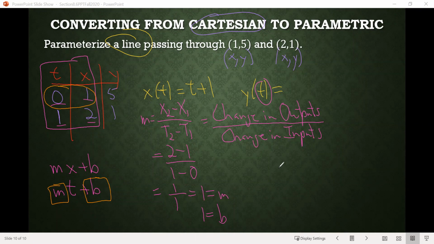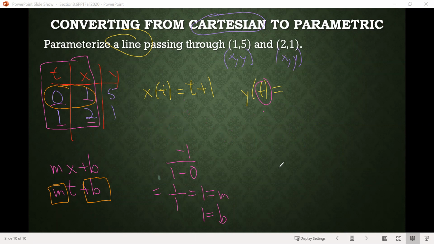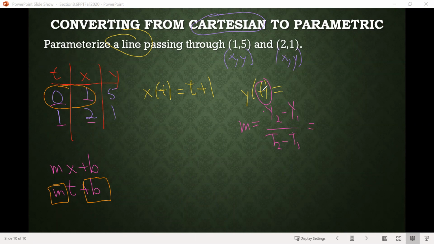All right. Now to work on our formula for y. We again are going to approach it, because it's a linear equation, with this mt plus b form. And we again need to start by finding the slope. And we need to modify our slope formula again to fit our y's and t's. So in this case, our slope formula looks like y2 minus y1, since those are our outputs, over t2 minus t1, since those are our input variables.